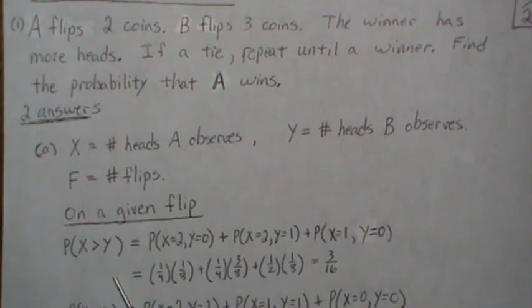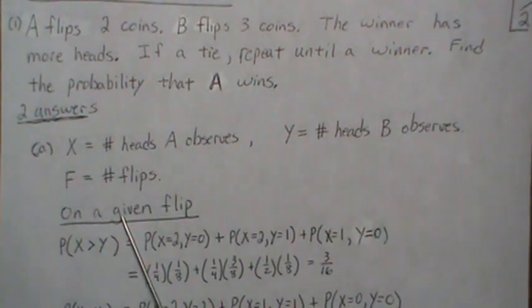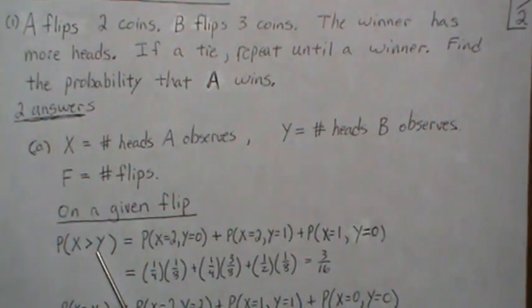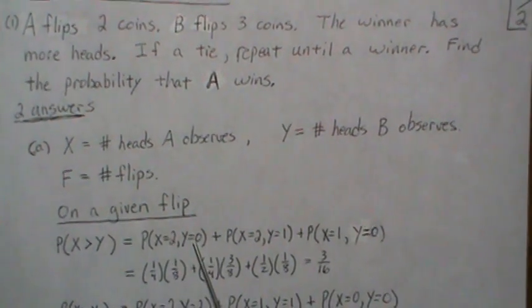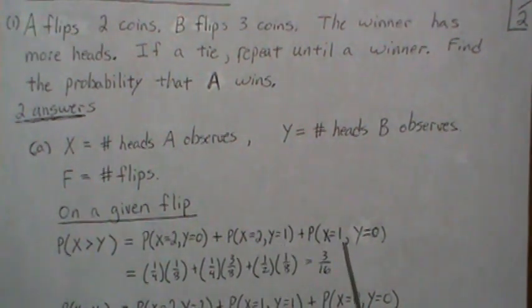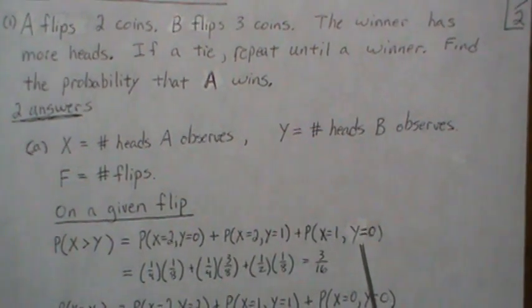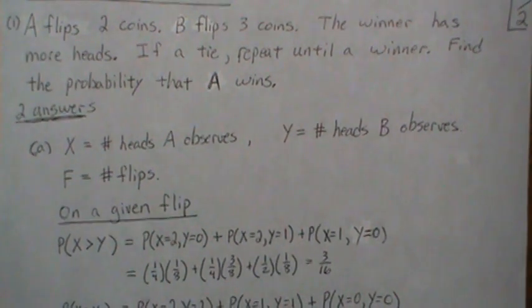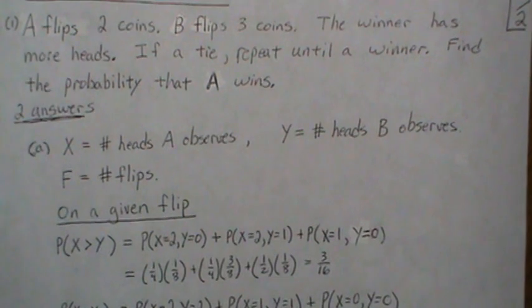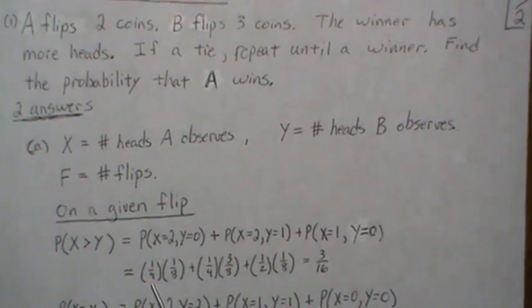So on any given flip, the probability that A wins is this. It's the probability that X is 2 and Y is 0, plus the probability that X is 2 and Y is 1, plus X is 1 and Y is 0. Now, since these are independent flips, A is flipping his coins independently of B, it ends up just being the product.